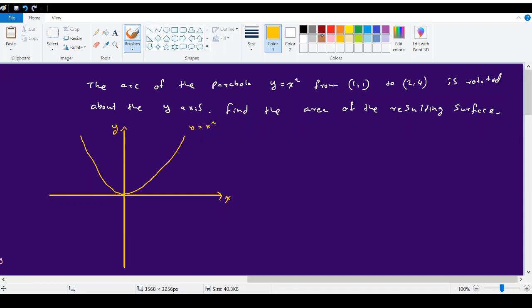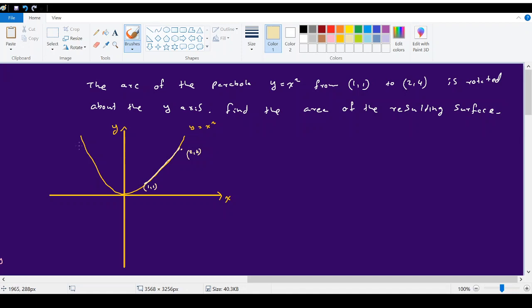But here what it says is, on this parabola you only consider a certain region, from one place to another, and these two places are given by the (1, 1) position and the (2, 4) position. So we only consider this arc, right?